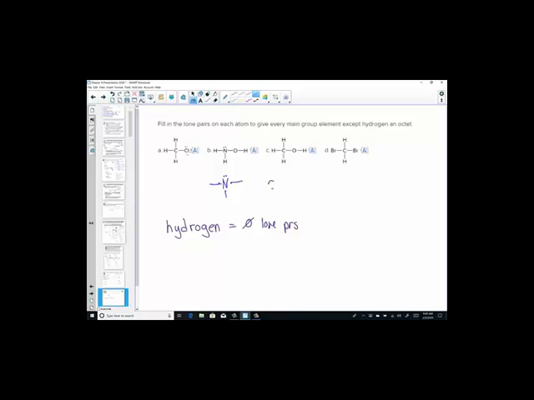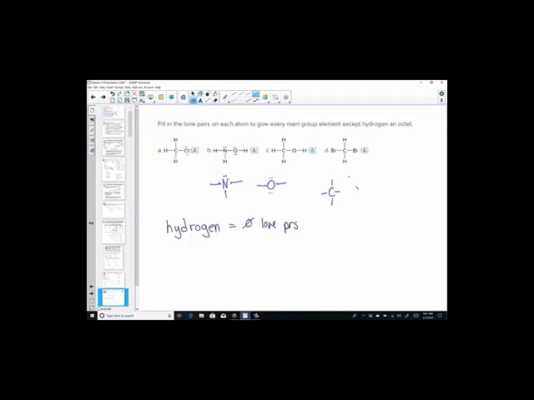Next door to that is oxygen. We said oxygen lives in group 6A. There's its 6 dots. It has room for 2 bonds, which I can see there, but it's missing its lone pairs. Letter C. Hydrogen, never any dots. Carbon has room for 4 bonds.